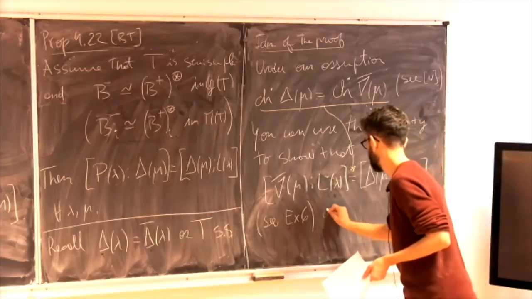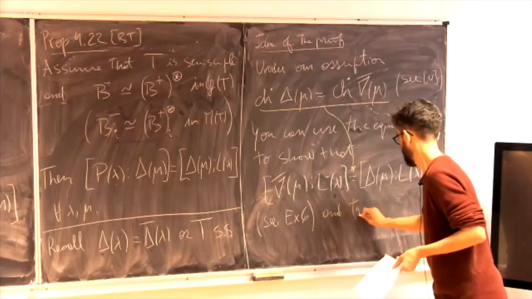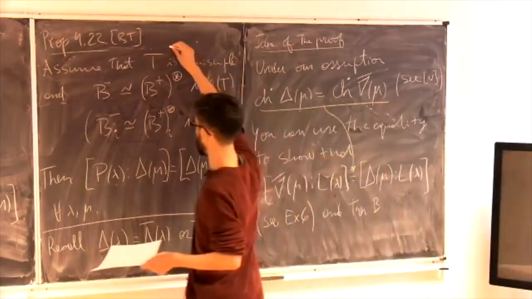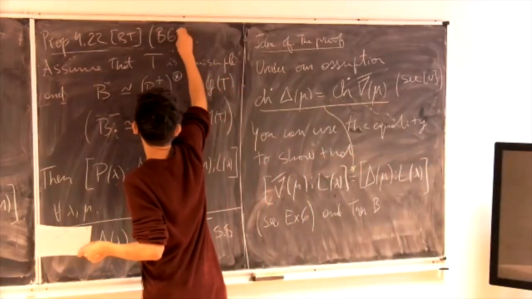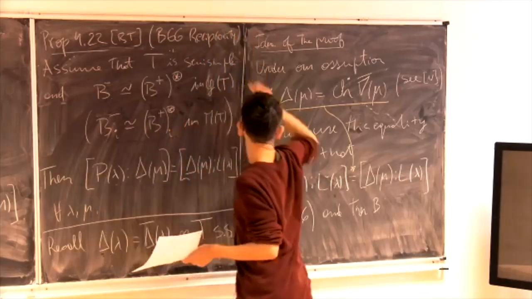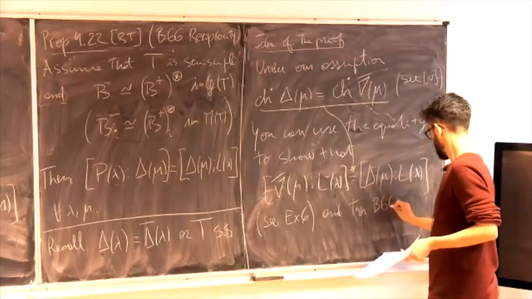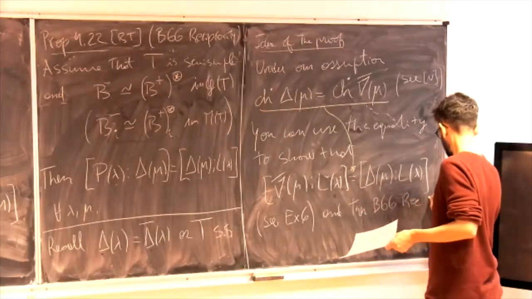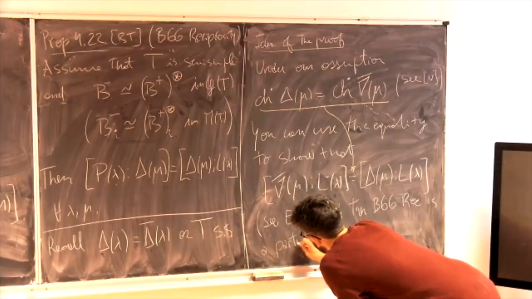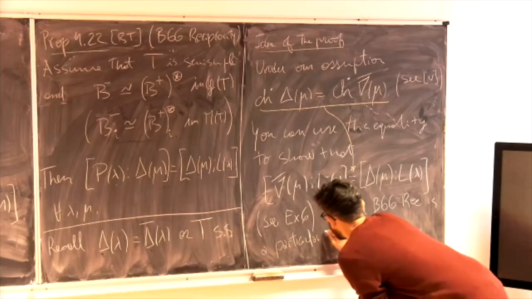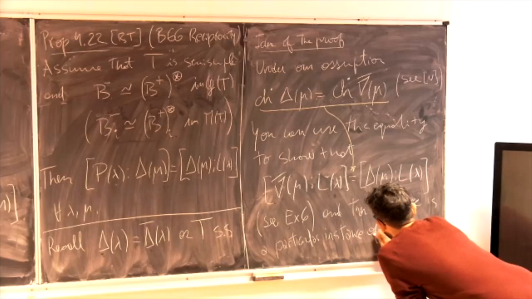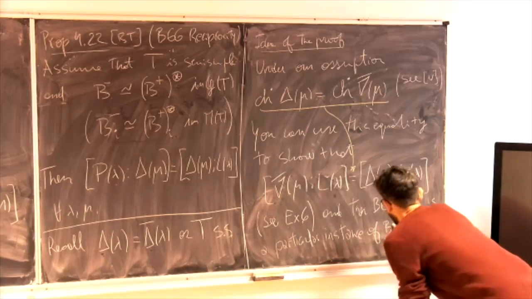This is called BGG reciprocity. BGG reciprocity is a particular instance of Brouwer reciprocity.